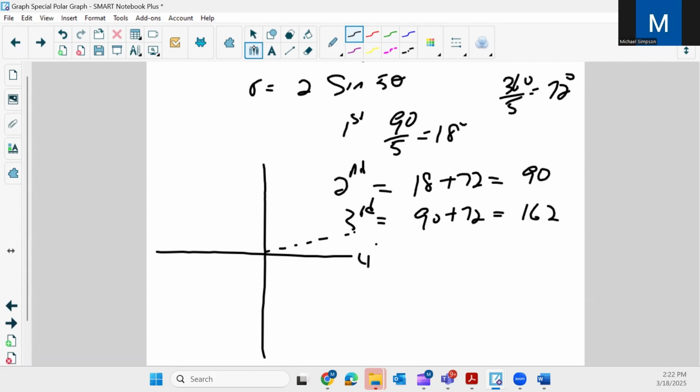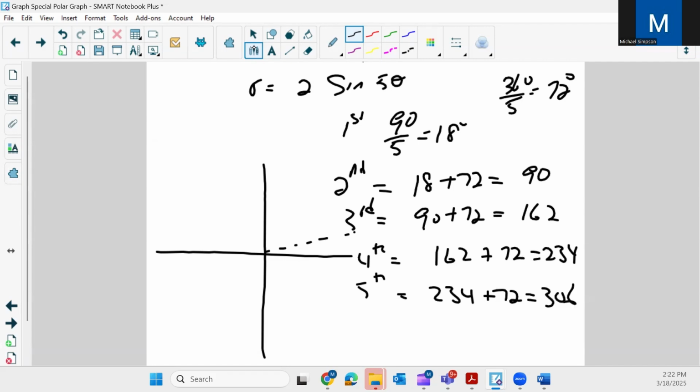My fourth one is going to be 162 plus 72, which is 234. And my fifth one is 306. And 234 plus 72, yes. Equals the others.